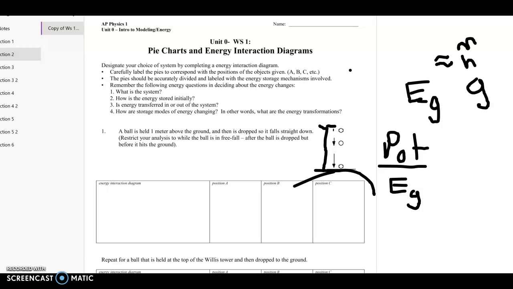I move this mass through this height against this gravitational field, and I store energy between the ball and the earth. If the earth is not present, or some other planet, there cannot be gravitational potential energy, okay? The other kind of potential energy that we will deal with most frequently is elastic or spring. Those are the same thing.